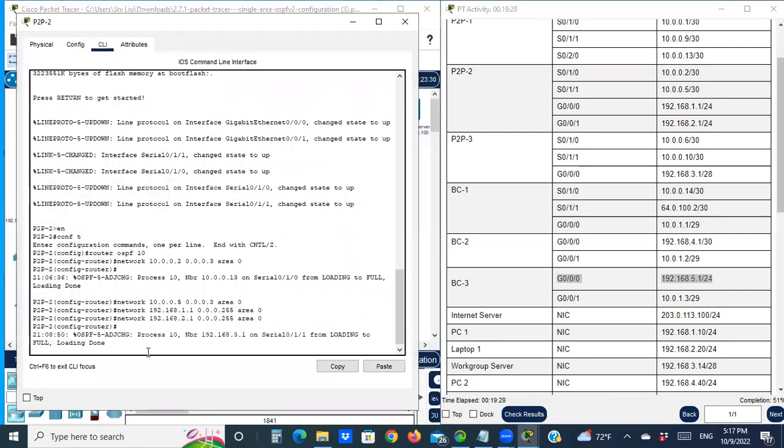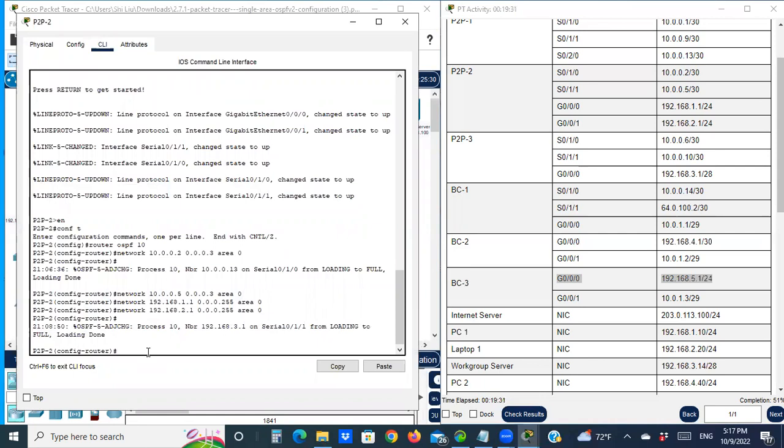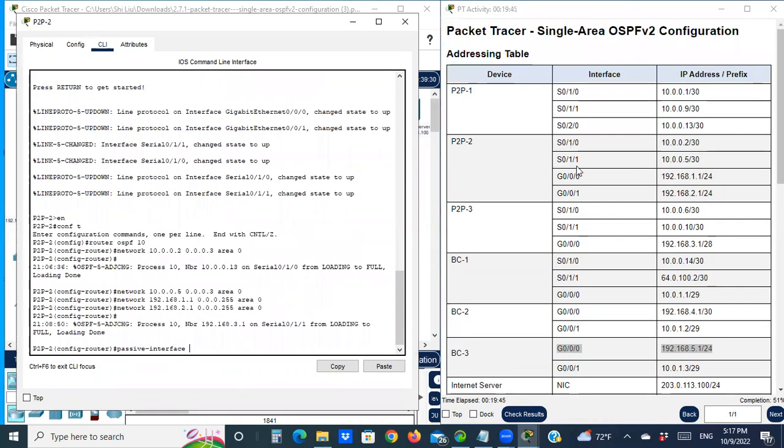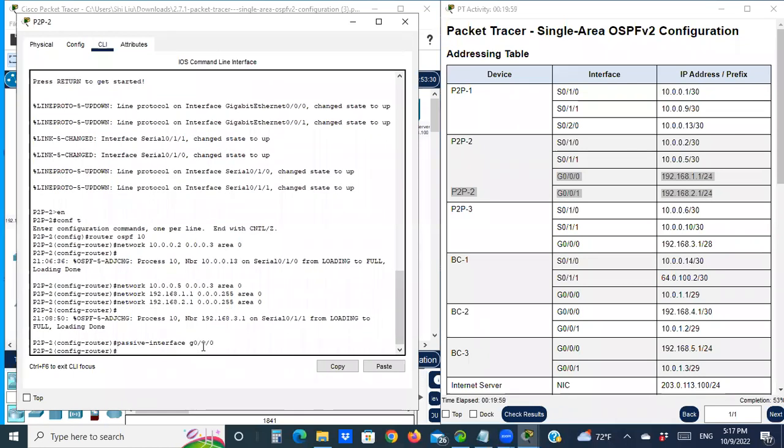P2P2 has 2 interfaces that need to be configured as passive interfaces. Passive interface P2P2. Okay, 2 is here. These 2 interfaces are local LAN interfaces. Okay, G0/0 and G0/1. G0/0, G0/1.